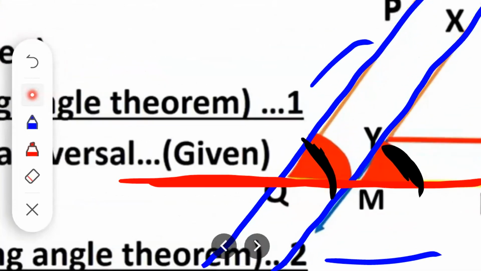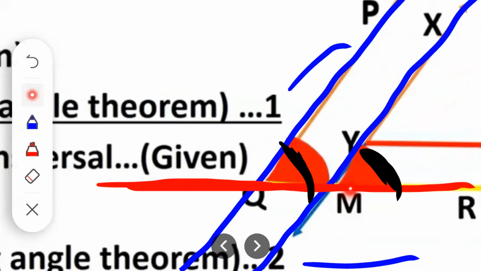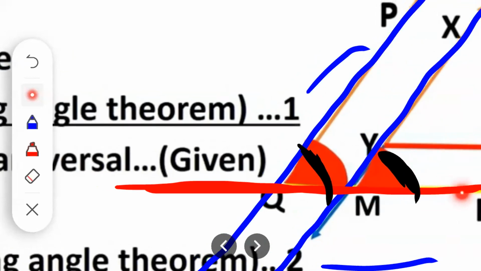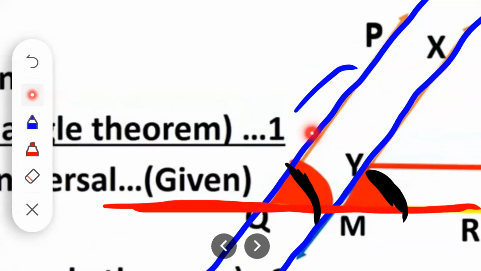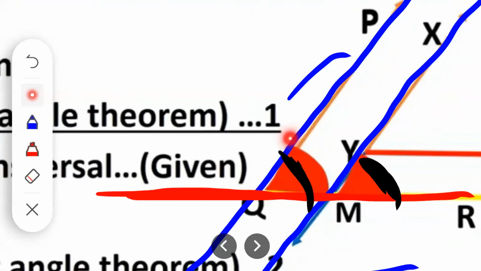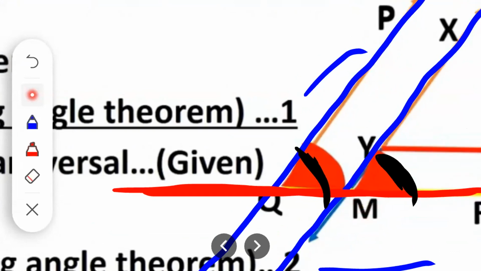And M means the line gets extended, and then that will be up to R. So we can also write angle PQR, instead of M you can also write R, because these 3 points, point Q, point M, and point R, are collinear points.